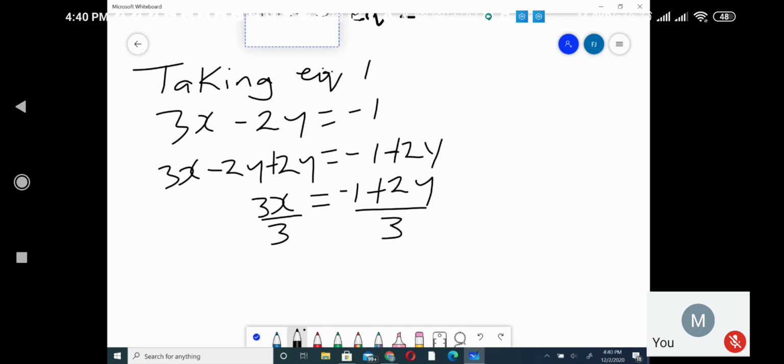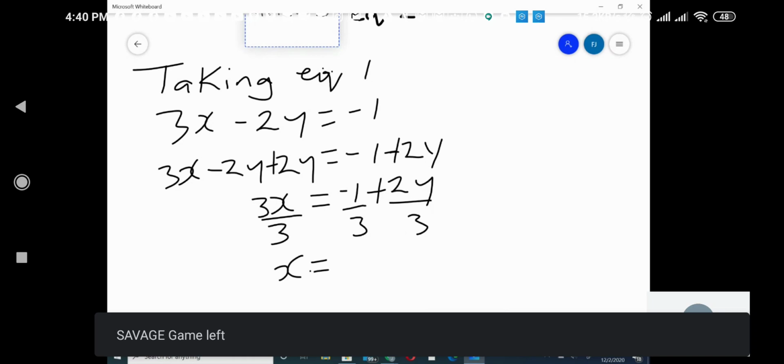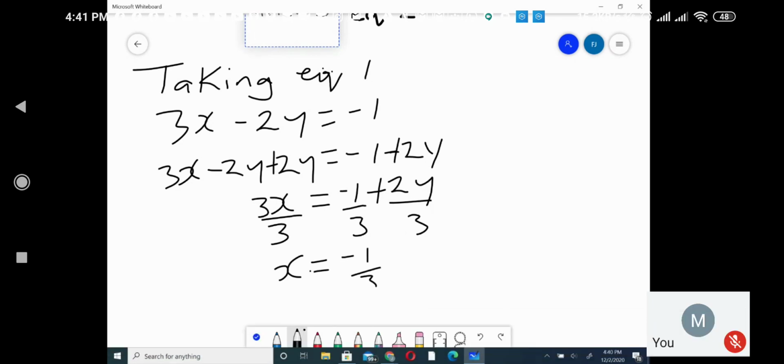Remember we said that we will write them separate so that we remember that it's two of them divided by 3 and not just one. So now on the left hand side you'll be left with x equals negative 1 over 3 plus 2y over 3.